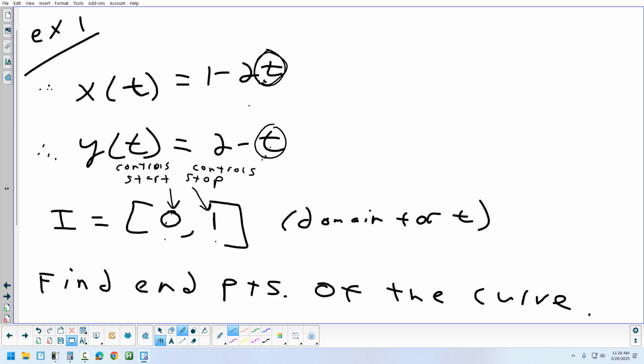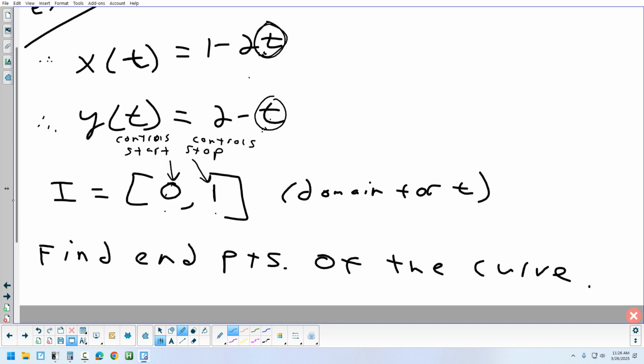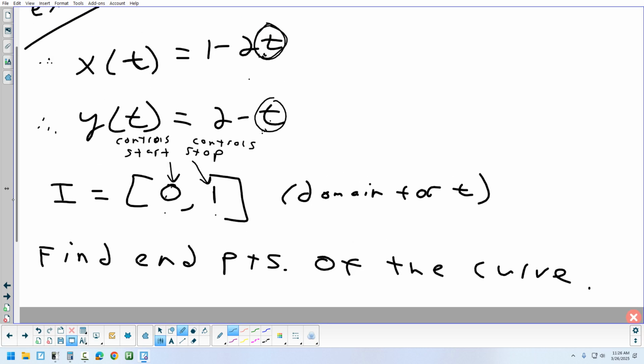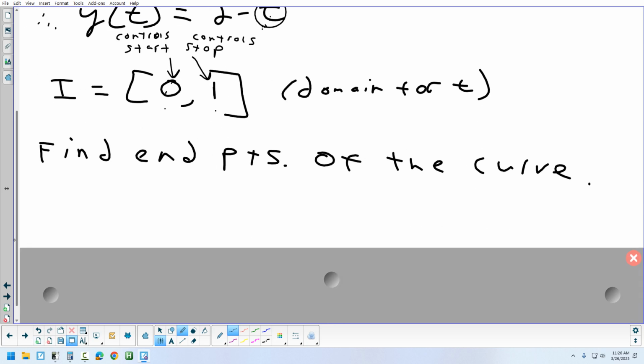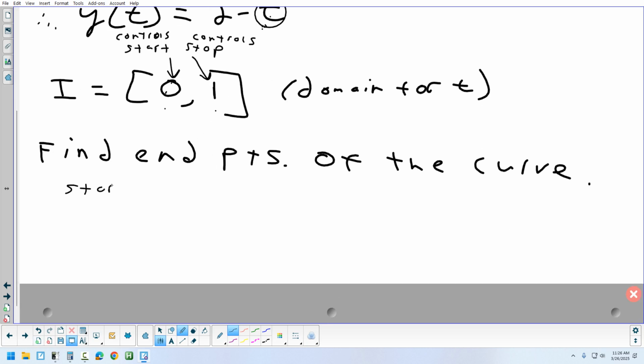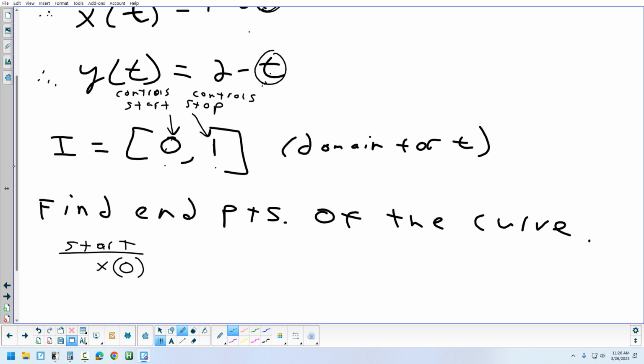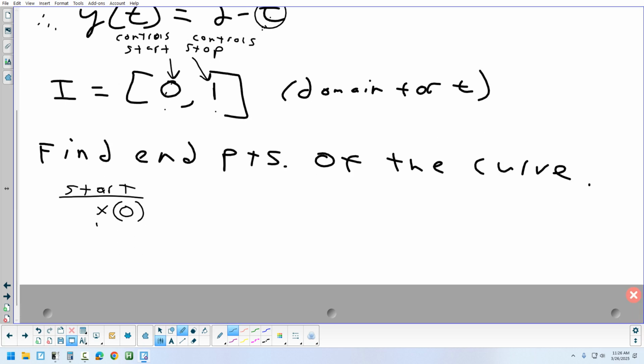The 0 and the 1 are not the start and the stop. You have to plug them in. So if I want to find the x value of where my graph starts, I need to plug in 0 into the x formula. If I want to find the y value where my graph starts, plug in 0 into my y formula.